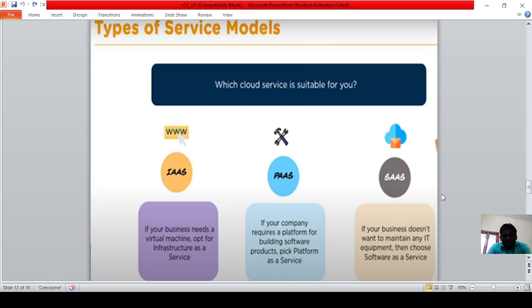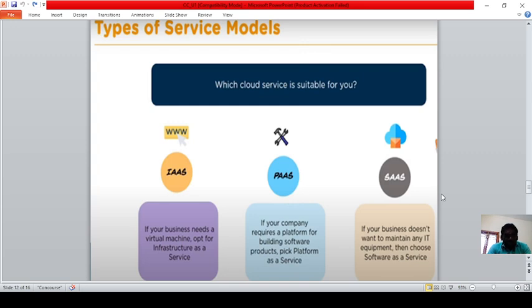In the first one, infrastructure as a service, if you are using any business or any applications, you may need some extra additional hardware or data storage space. There is no need to buy any environmental setups or to buy any virtual machine. We can use these types of hardware components through the internet from the cloud providers.